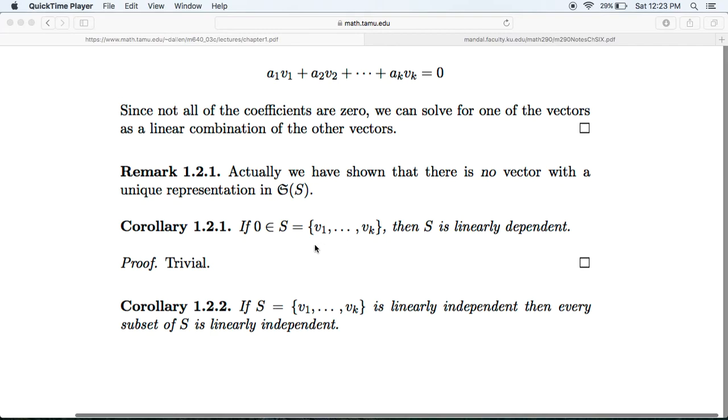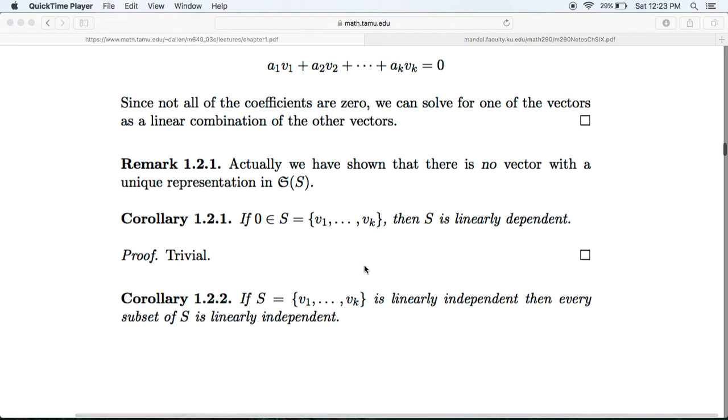So I am always getting a 0 vector out of the linear combination of the vectors in S. Thus if 0 belongs to some set, then that set is automatically linearly dependent.